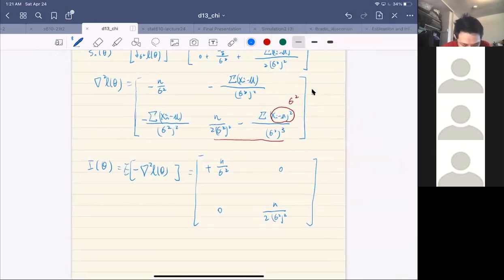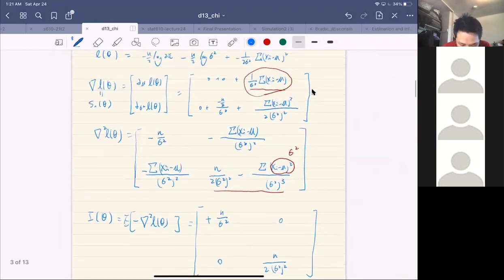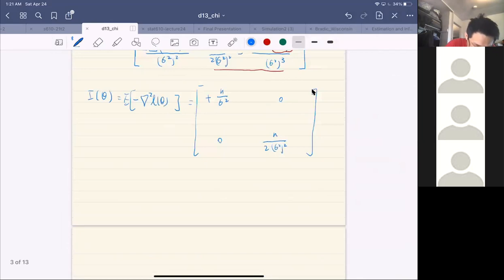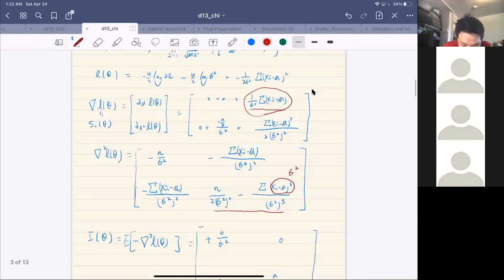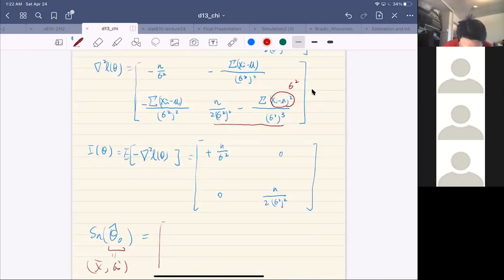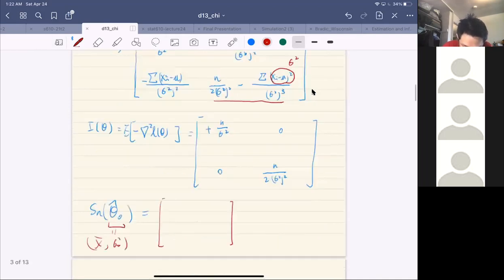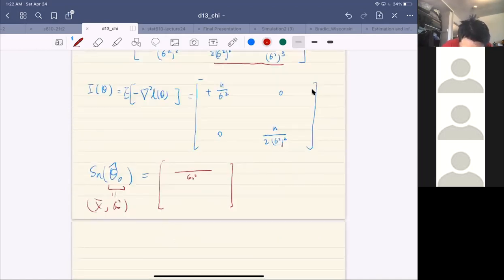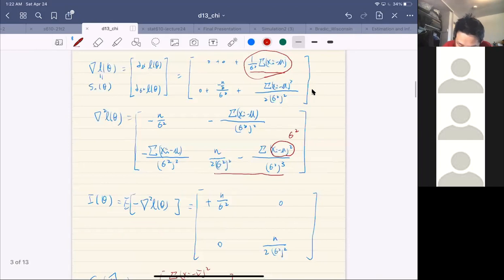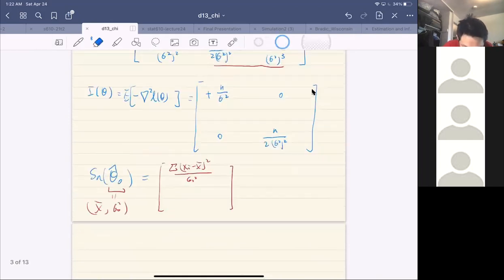So this is a constant function, so it does not depend on theta. Now we want to figure out what this is. We know that theta hat null is equal to x bar and sigma null squared. So Sn: the first term, we plug in x bar, so it will be 1 over sigma null squared times summation x_i minus x bar.